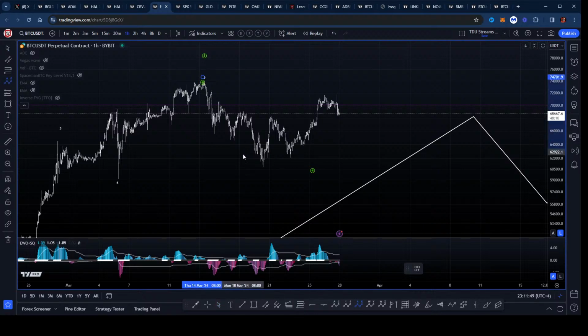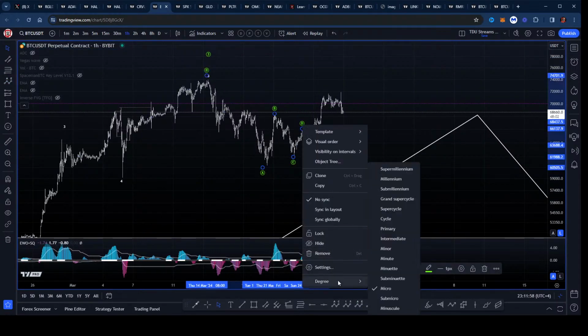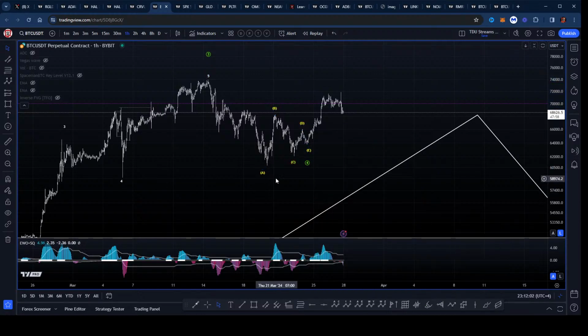I don't love this. One of my Elliott wizards may be cringing somewhere as I draw that up. Can I get a true A in there? I don't think I can actually.